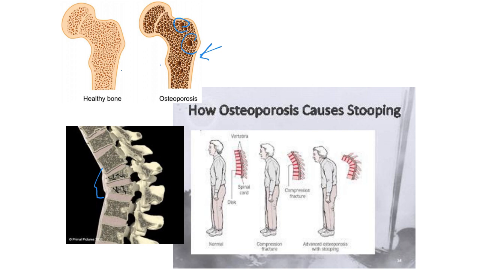We can see it in the diagram here. You can see the progression, right, where the patient is standing upright. And they develop one compression fracture, so they start to get that curving. As they develop more compression fractures, they start to curve even more. And so they develop this stooping because, again, there is not any way to fix those compression fractures.